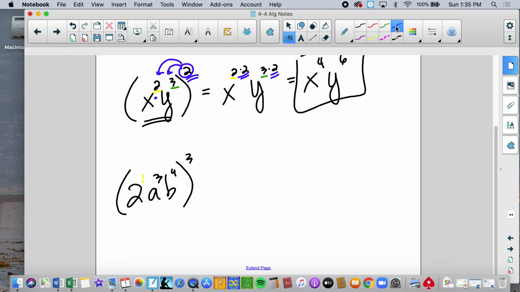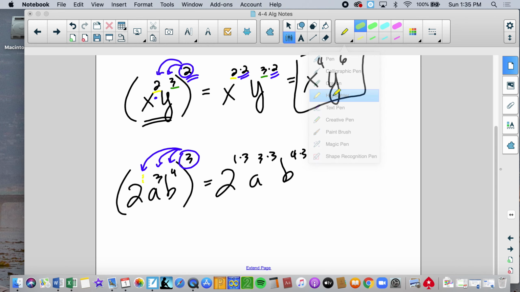So when I distribute this 3 into the parentheses, I have to distribute it to all 3 pieces. So that's going to become 2 to the 1 times 3, a to the 3 times 3, and b to the 4 times 3. We see, what are we distributing? We're distributing that 3. So that's why we have the 3. And we're distributing it to a 1.